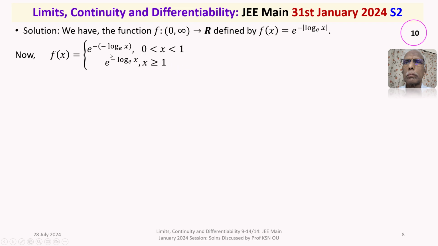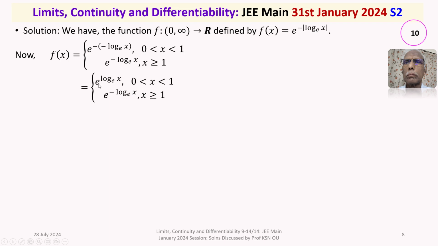So that is why it has come like that. So this is equal to e to the power of minus and minus log x to the base e when 0 less than x less than 1, e to the power of minus log x to the base e when x is greater than or equal to 1.